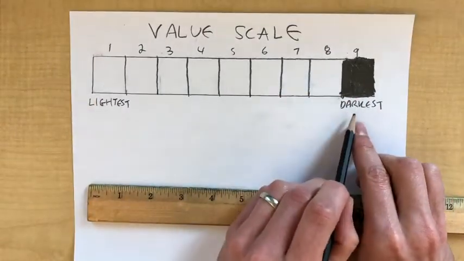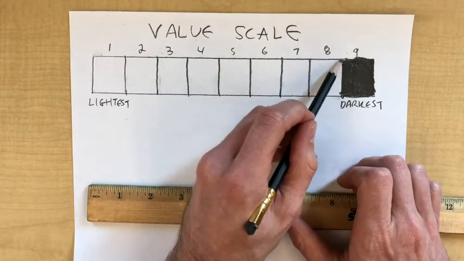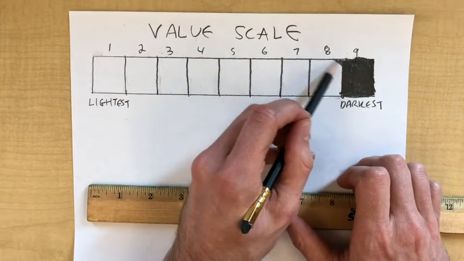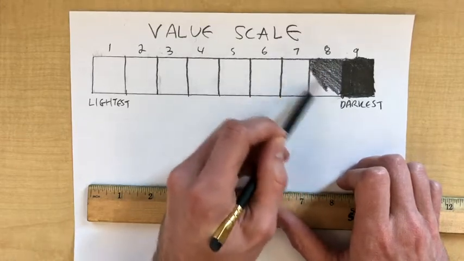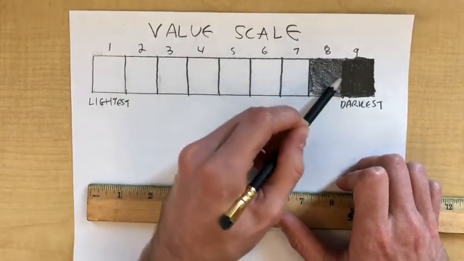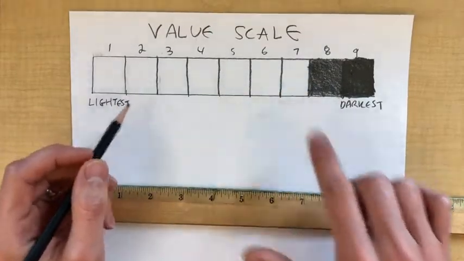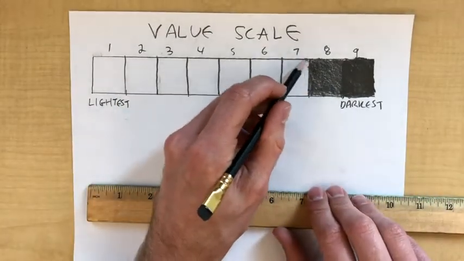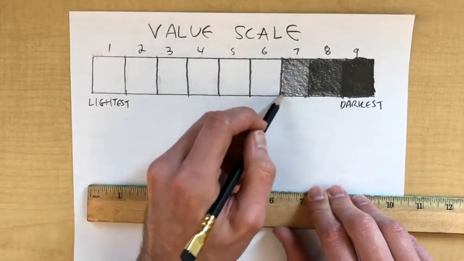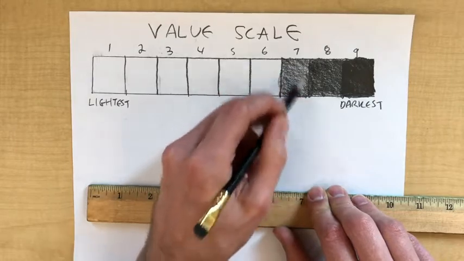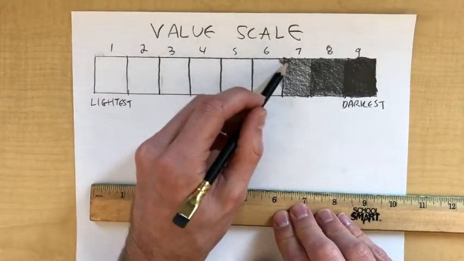I'm going to work from darkest to lightest, and I'm going to make number 8 pretty dark, almost as dark as number 9, but not quite. Let's try number 7, just a little bit lighter. And I'm going to go ahead and fill the rest of them in.